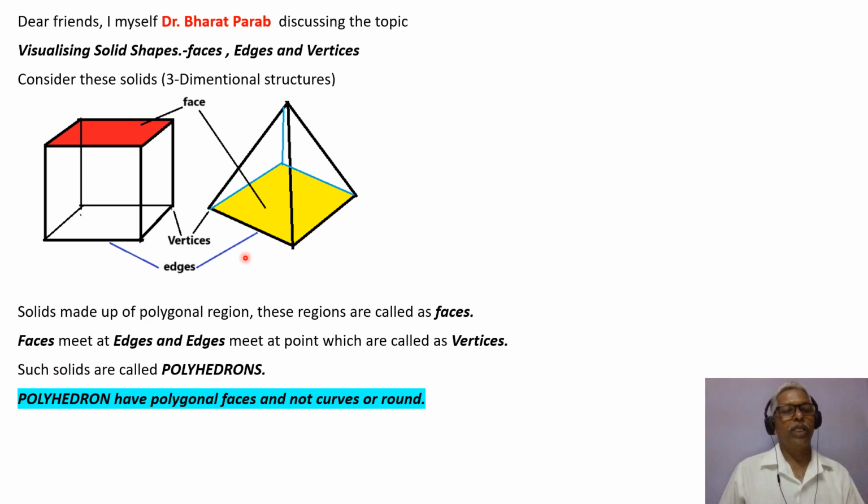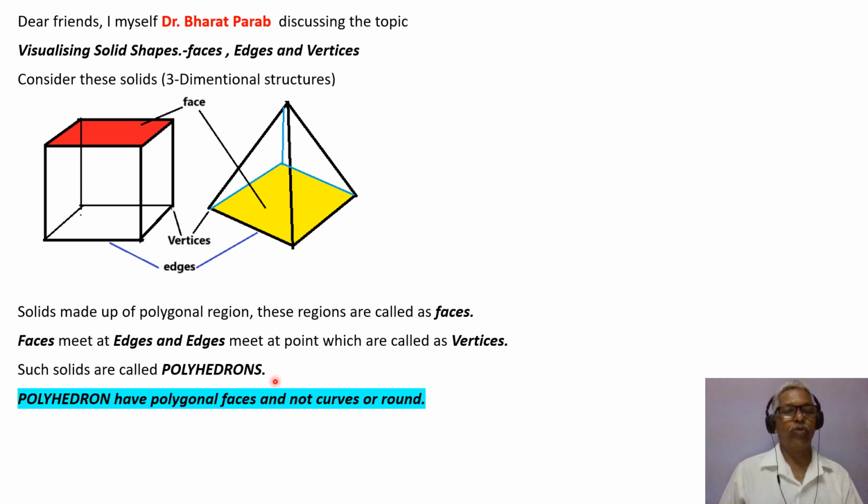Okay. Now we will see the other part of the definition. That means polyhedrons have polygonal faces, and not curves or round. That means shapes which have faces which are either curved or round are not polyhedrons.